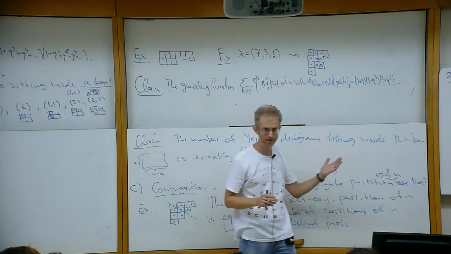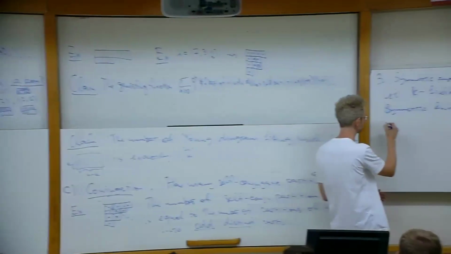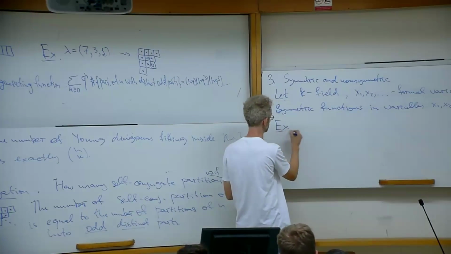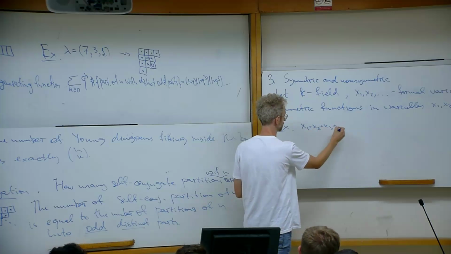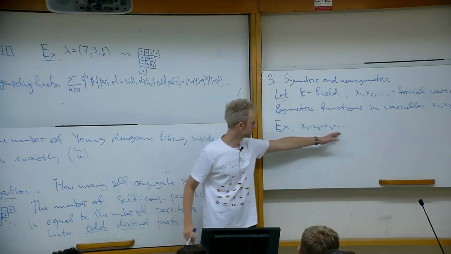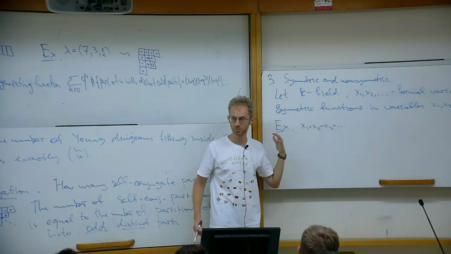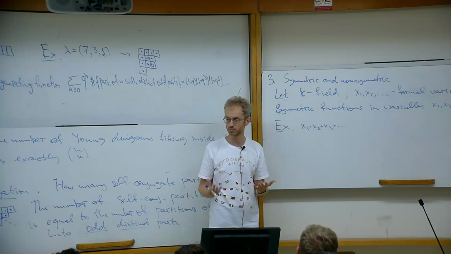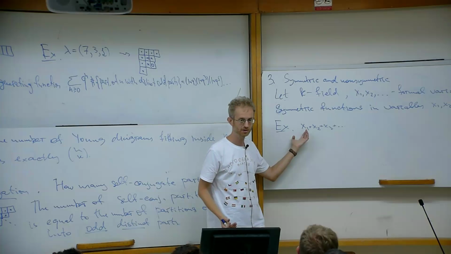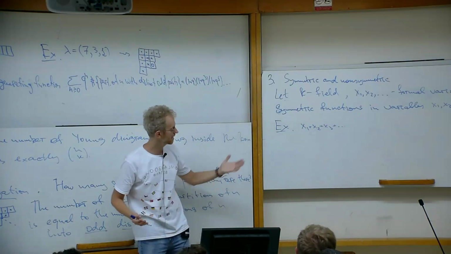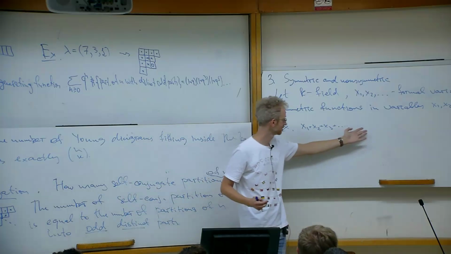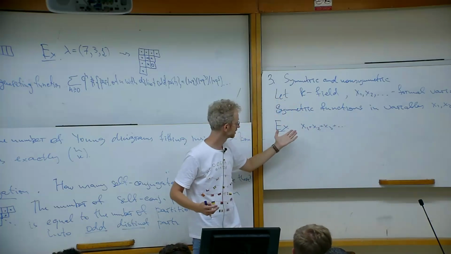This is a version of that, but let me give you an example so you can feel how it works. For example, you can take x1 plus x2 plus x3 plus so on. I have to put here all the x's I have because I want it really to be symmetric. So if I have x1, I should have x100. If I had a finite number of variables, this would stop somewhere, but this is infinite.